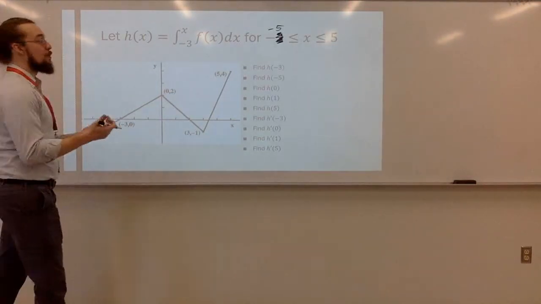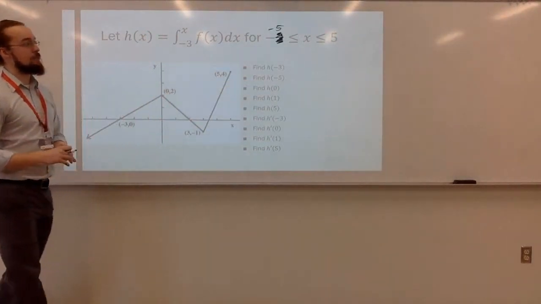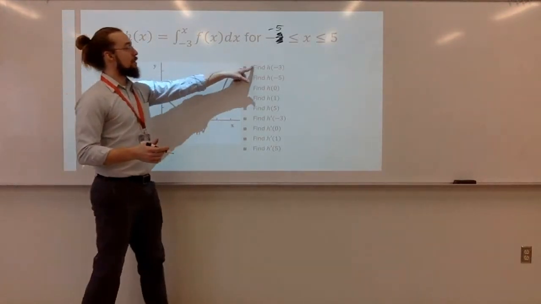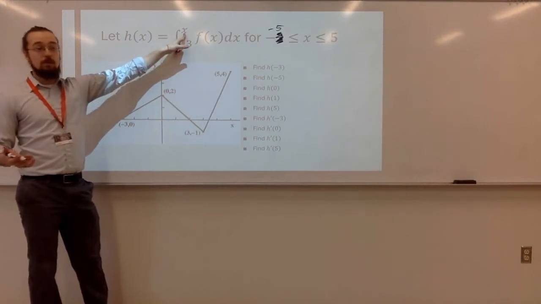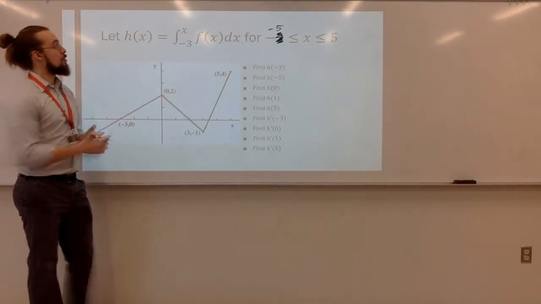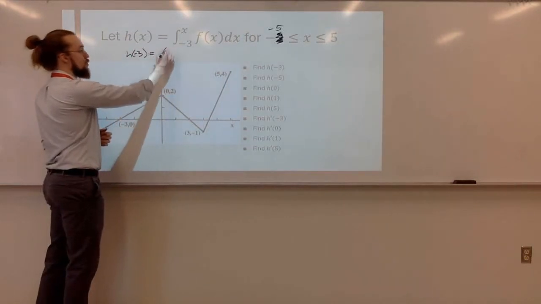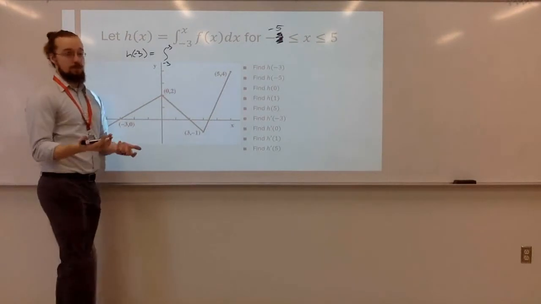For these first few questions, it says find h of -3. What that means is I'm going to plug -3 in for x. So if my x is here, my x is part of this integral. So h of -3 means I'm going to evaluate the integral from -3 to -3 of this function.